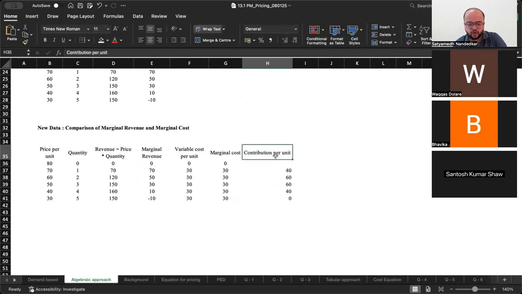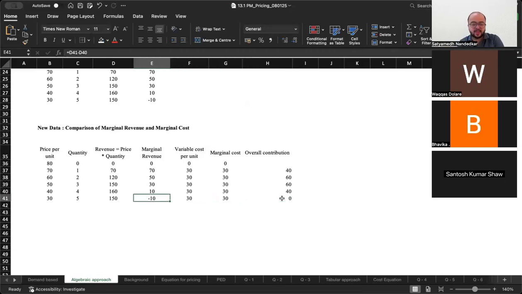This is overall contribution, not contribution per unit. This is your overall contribution. If you observe, initially it was 40, increased to 60, remained static at 60, came down to 40, and then your overall contribution was eliminated.